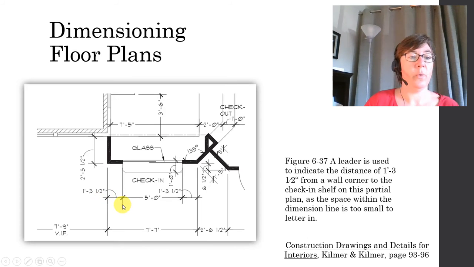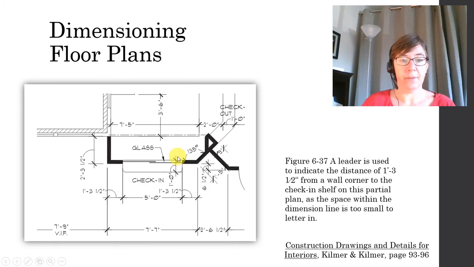This dimension of 1 foot 3.5 inches is too wide. The text itself is too wide to fit within these two extension lines. So they've popped the text out of that location and used a leader line to go from where the text is to the dimension line that goes with it.